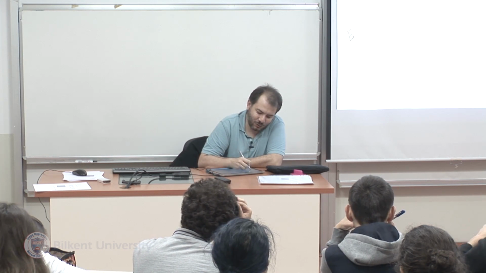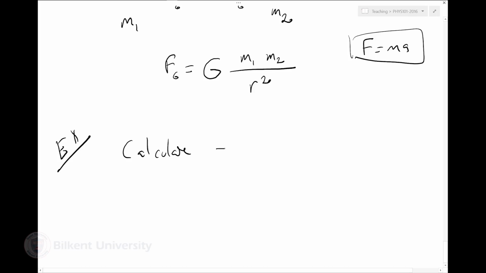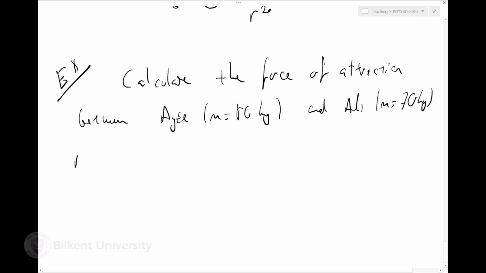So let's solve an example. Let's calculate the force of attraction between Ayşe, m equals 50 kilograms, and Ali, m equals 70 kilograms, who are standing 1 meter apart.